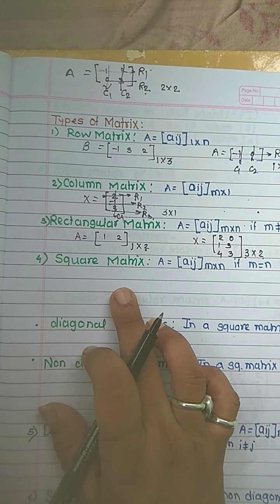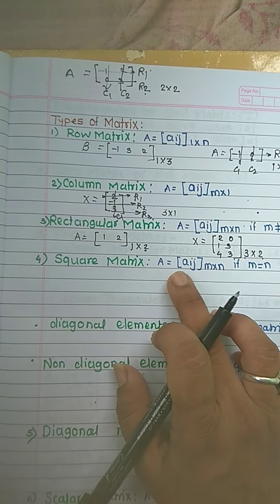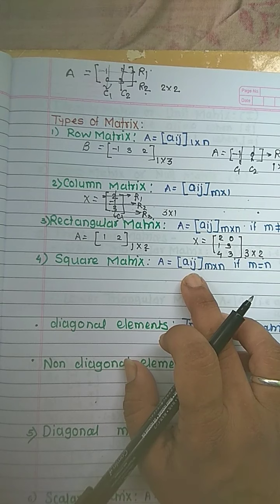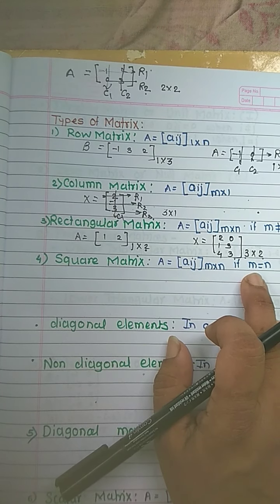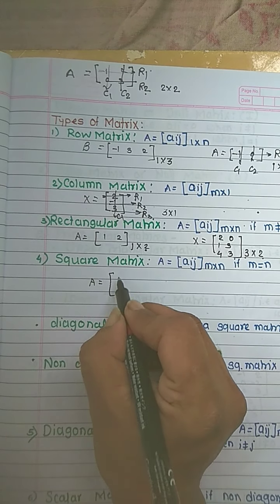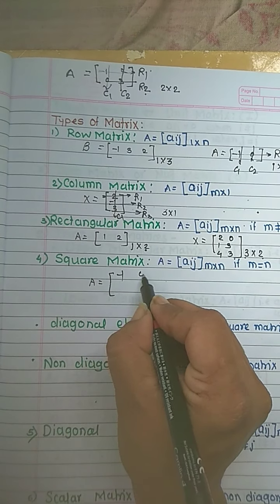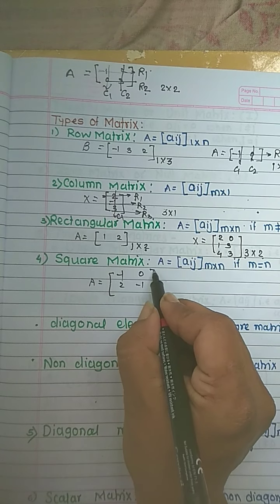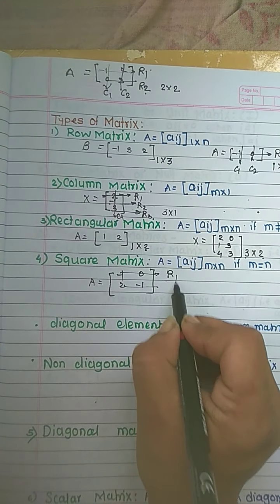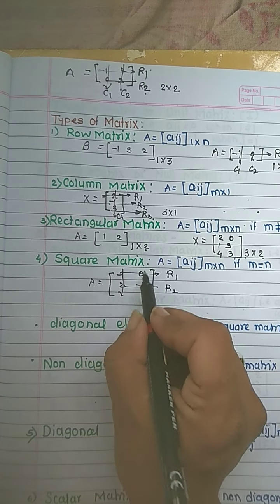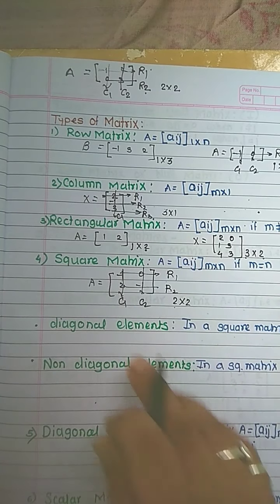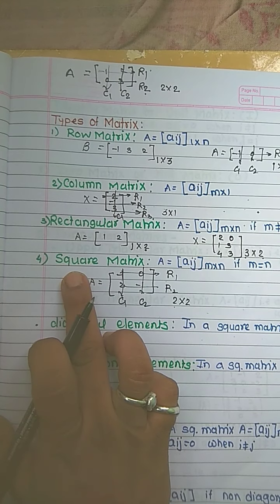Next, square matrix. A matrix capital A equals [aij] of order m by n is called a square matrix if m equals n. For example, A equals 1, -1, 0, 2. In this matrix, number of rows equals 2, R1, R2, and number of columns is also 2, that is m equals n. Therefore, matrix A is called a square matrix.